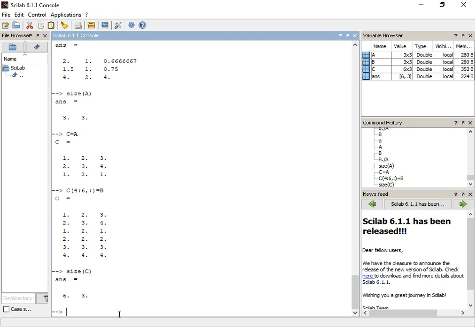Okay, so this is the way to find the size, inverse, pointwise multiplication, regular multiplication, pointwise addition, division, and regular division of the matrices.